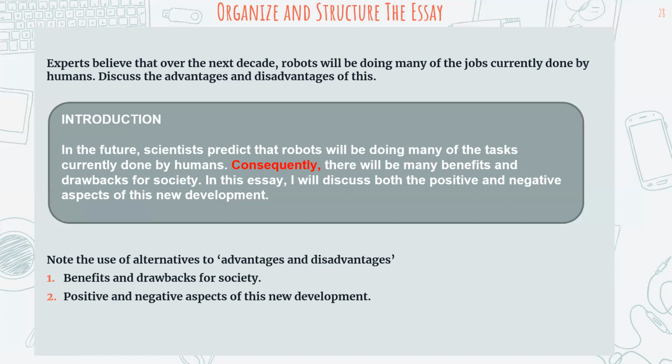Okay, so here actually in the last sentence, I used the words positive and negative aspects. Okay, you shouldn't use the words advantages and disadvantages throughout your essay. Try to use synonyms. Okay, benefits, drawbacks, positive and negative aspects. That's it. Okay, it's very easy to the point.